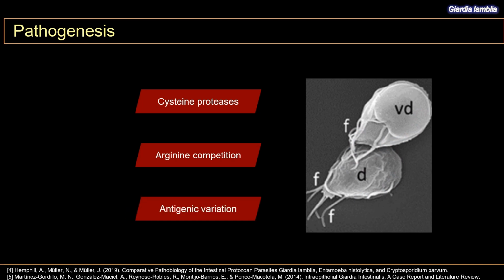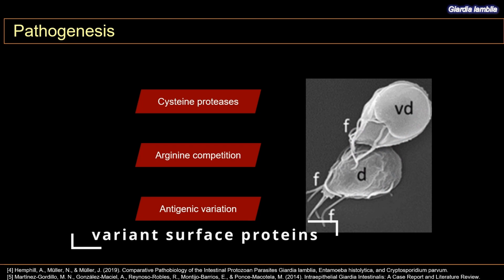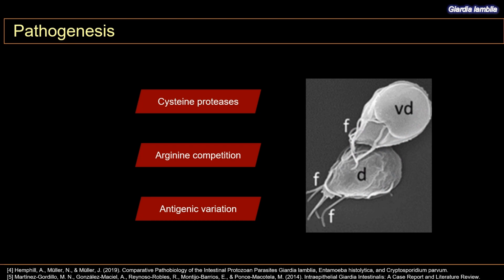The parasite also facilitates antigenic variation by expressing different variant surface proteins, or VSPs, enabling some variants to escape the human immune response. Despite these virulence factors, Giardia is generally considered to be non-invasive, which means they usually stay within the intestinal lumen and do not invade past the mucosal layer.